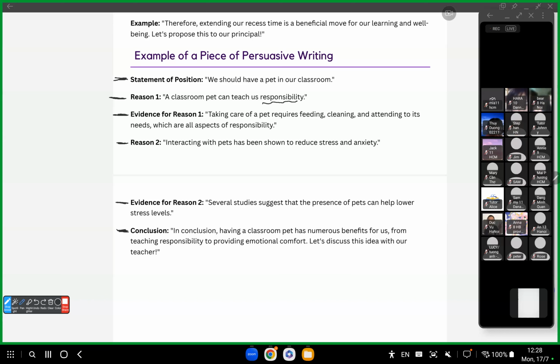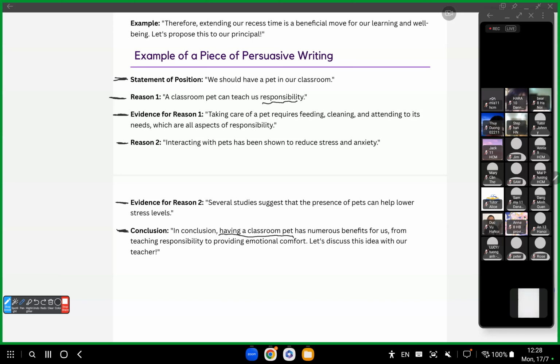Our conclusion here, the point of this is simply to just restate our point of view. So having a classroom pet. So we've mentioned that straight away. And we've mentioned the benefits that it can have for everybody in the classroom. So what is good about this idea?